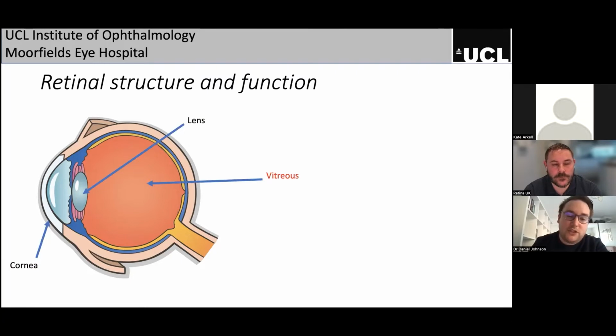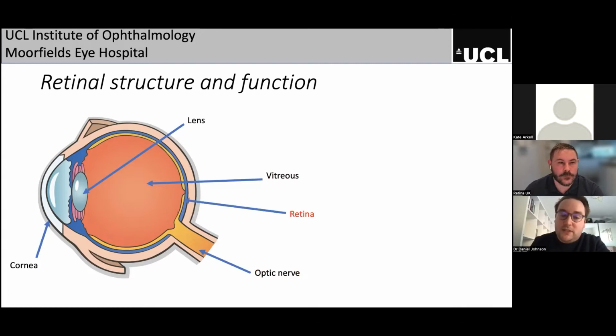Behind that, you have this jelly substance called the vitreous, which is important in development. Mainly water, but it is a jelly type substance. You then have the optic nerve, which is the cable which relays all of this electrical information taken from the retina to the brain, so the brain can then interpret the image.